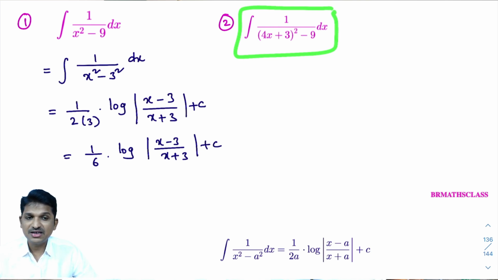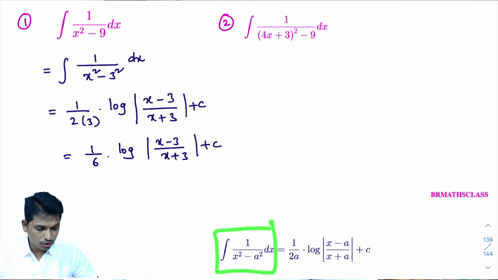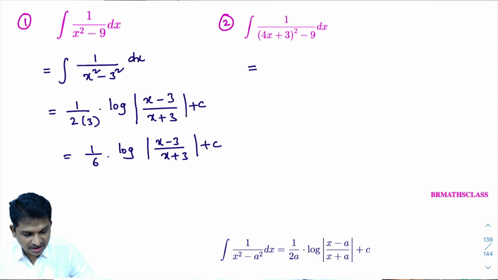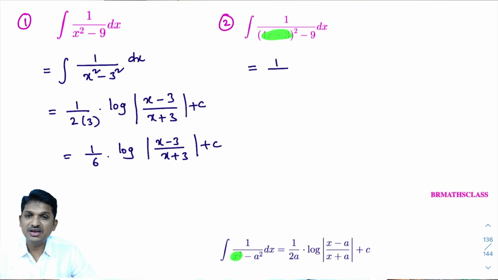When can we write the answer directly? This is the formula we know. In this formula, if ax plus b is present in place of x, then we can write its answer directly. Listen carefully. Its answer starts with 1 by the x coefficient.